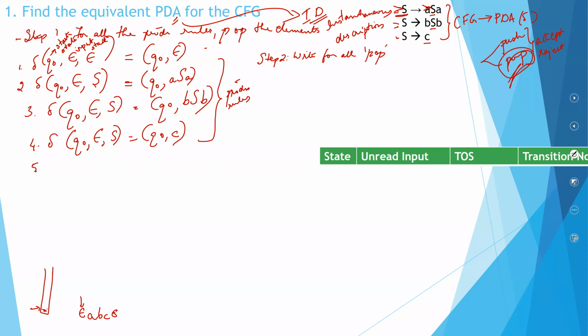As per production rule number 6, I will go into Q2 and I have CBBA, SBBA. Okay, the same thing again. On top of the stack, I have S, which means it can either be 2 or 3 or 4. But I am encountering C, which means I am eligible only for step number 4. Okay, and I'm back into my Q0.